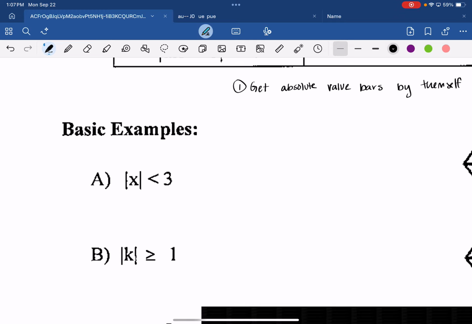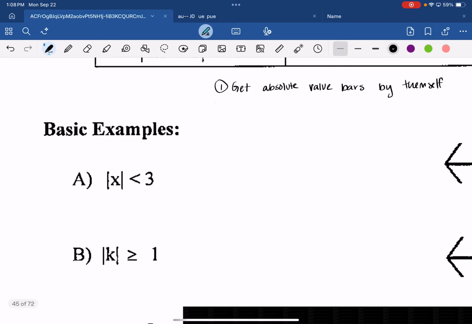Step 2 is going to be to determine if it's an and or an or. And then step 3 is going to be to rewrite and solve. Okay? So those are our steps. You can write them anywhere they fit on your paper. I just have room right there.